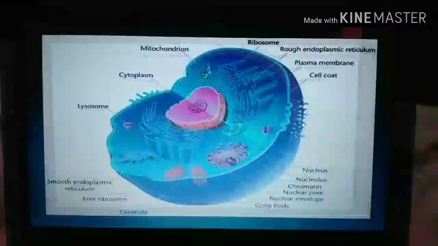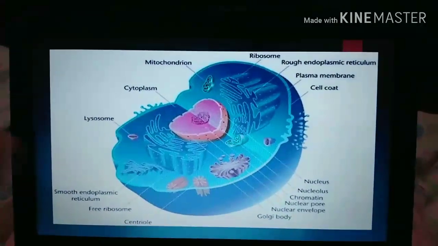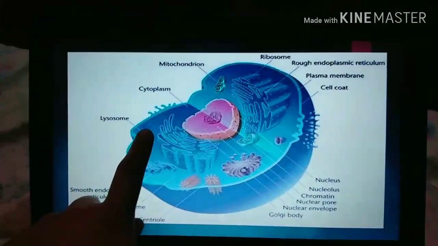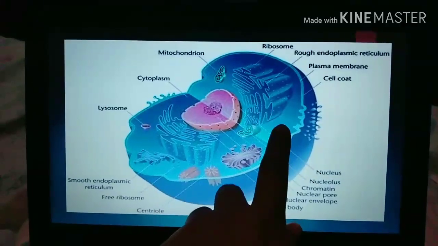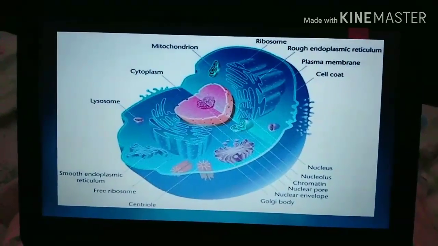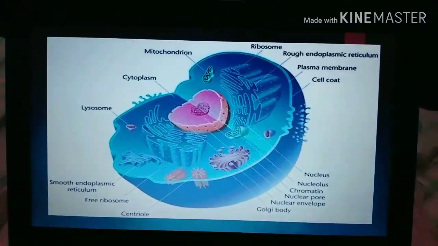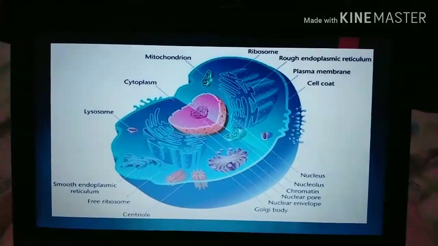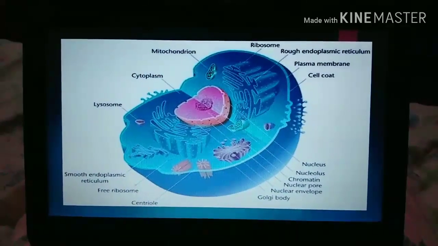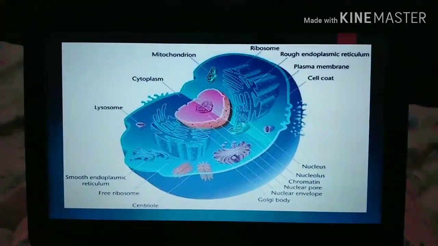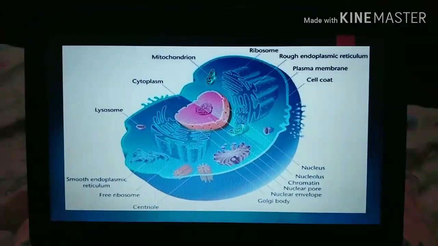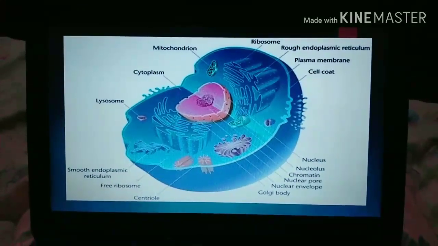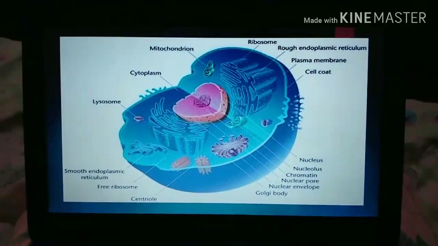So this is the lysosome, and also this one. Lysosomes are small vesicles that originate at the Golgi complex. They contain digestive enzymes that break down foreign material taken into the cell by phagocytosis.